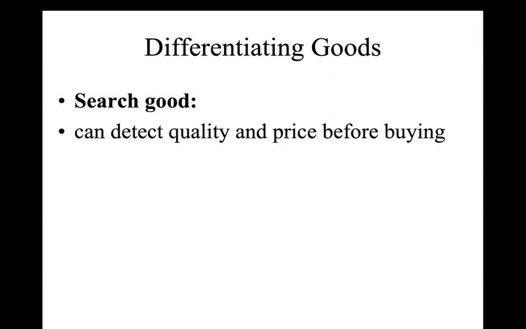So this experience is a search good. It's not a perfect search good because sometimes what we think isn't necessarily exactly what we get, but it definitely represents a good that has search good characteristics.